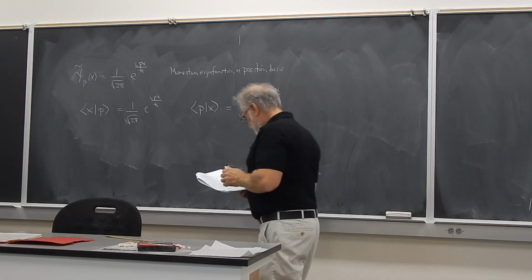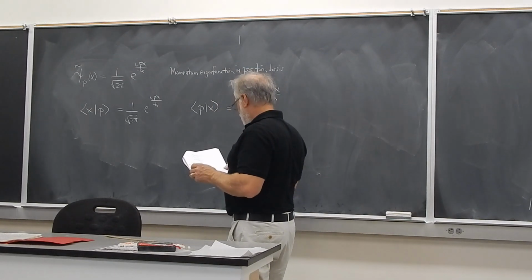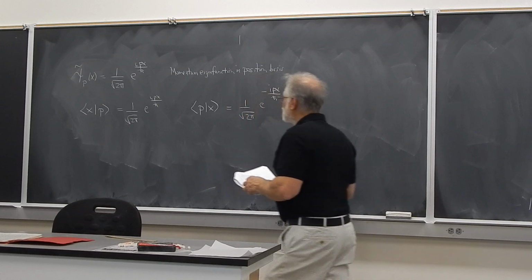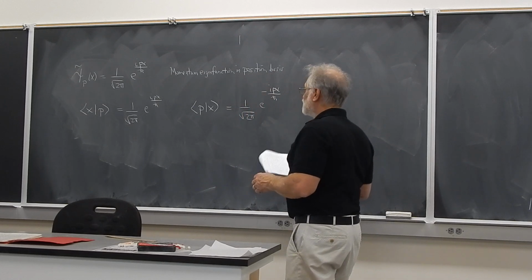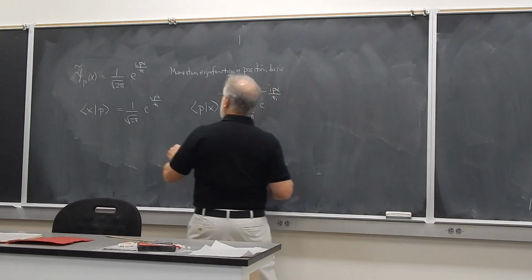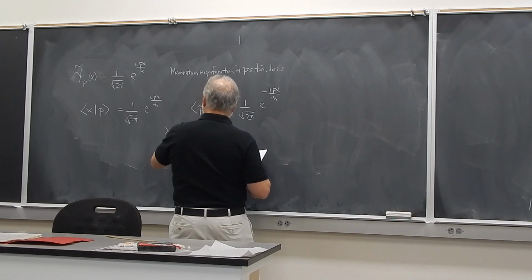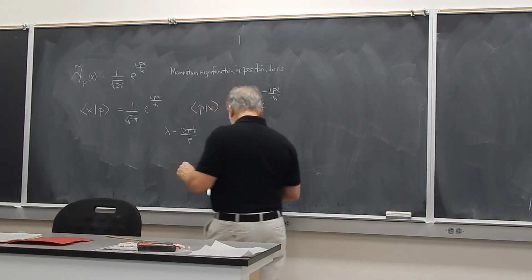The momentum wave function has a form of sines and cosine waves. So the wavelength of the function e to the i px over h bar is given by lambda is equal to 2 pi h bar over p.